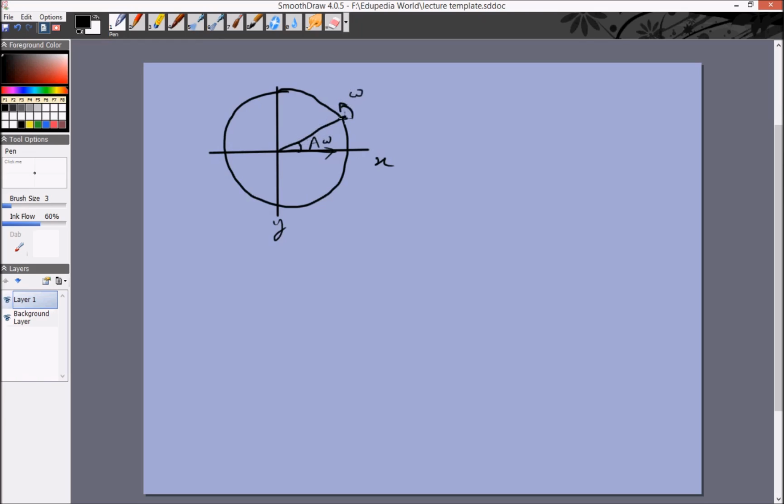So at any point its coordinates are given as a cos omega t and a sin omega t, right? Because this theta is changing as omega t, because d theta by dt is omega. That gives me x is a cos omega t and y is a sin omega t.